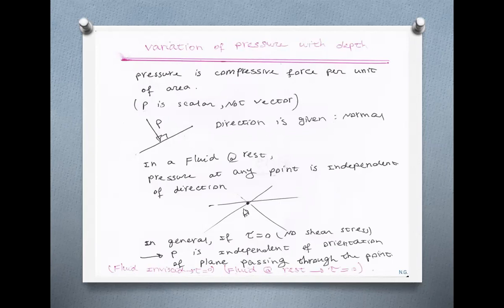Pressure at any random point, like point A, is independent of direction. It doesn't matter from which direction you're looking at it, or which surface passes through A. Pressure at A from this direction is the same as pressure at A from this direction.